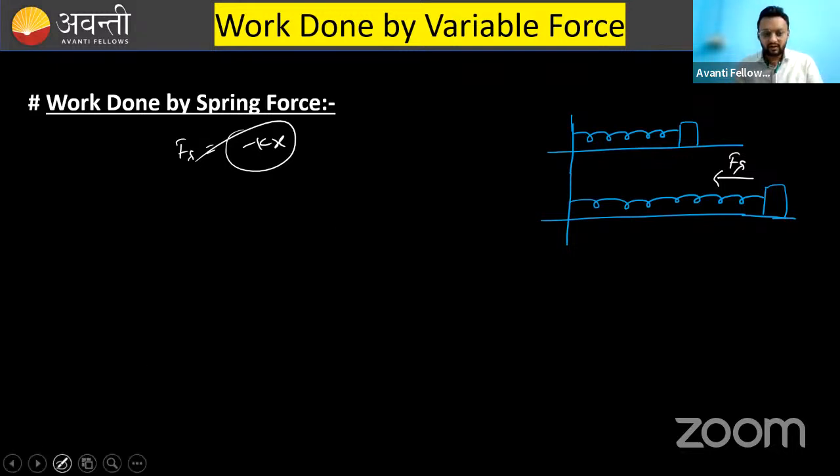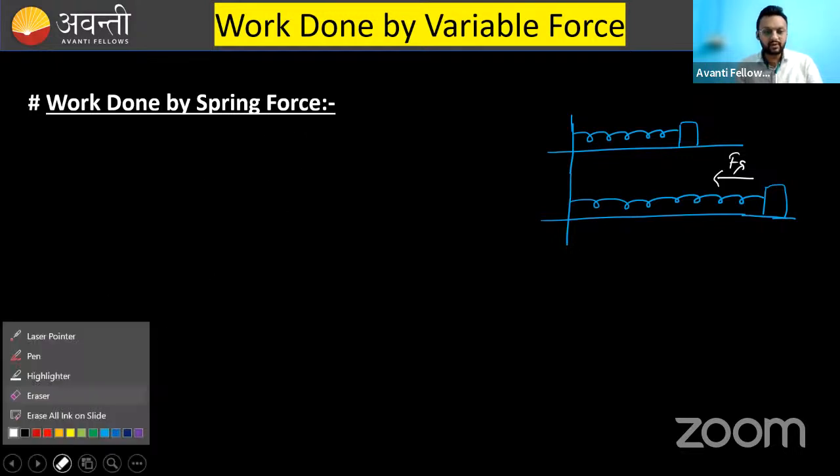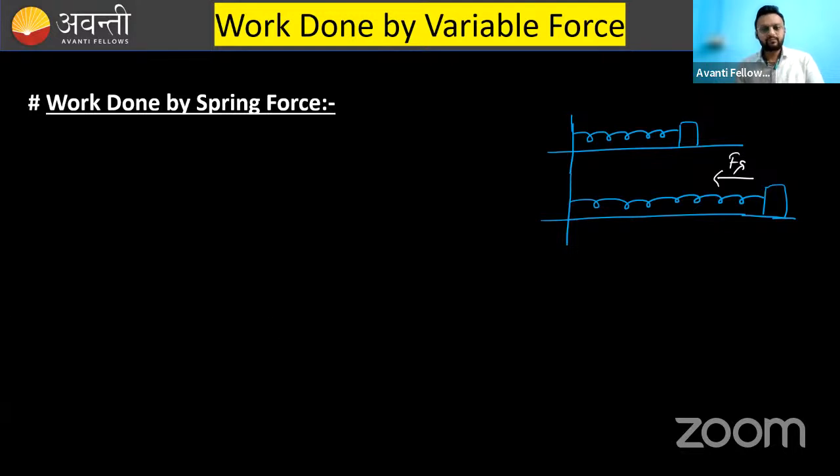So now I am going to solve the work done by the spring force. Consider the situation that I have drawn here. Let's suppose the displacement is x.